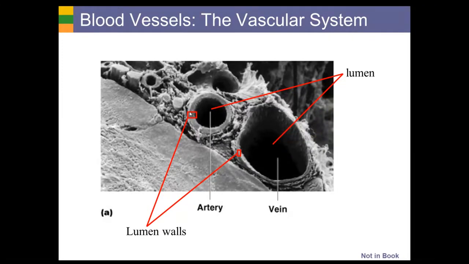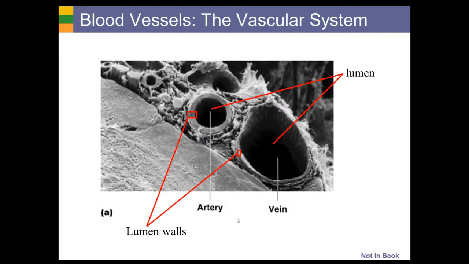Notice that although the lumen of this artery is much smaller than the lumen of this vein, the wall of the artery is much thicker, and that's mainly due to the increased thickness of the smooth muscle in the tunica media of the artery.